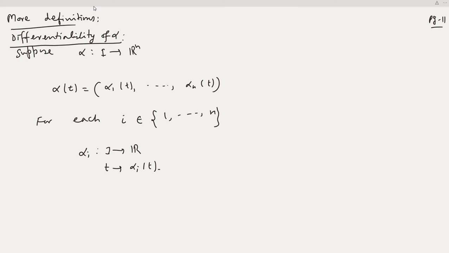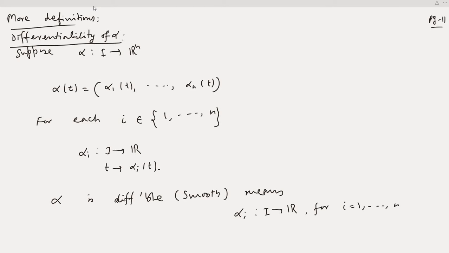Okay, so alpha is differentiable or smooth means alpha i from I to R, for i equal to 1 and so on to n, are differentiable.